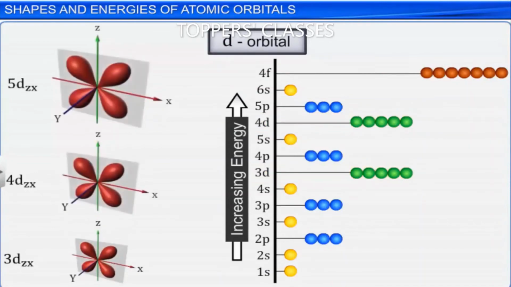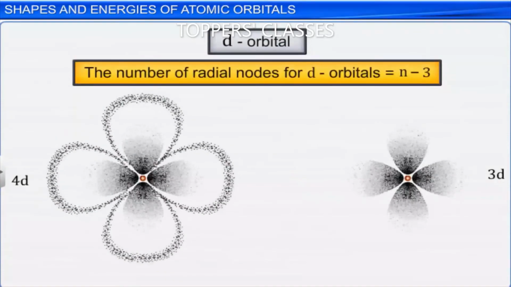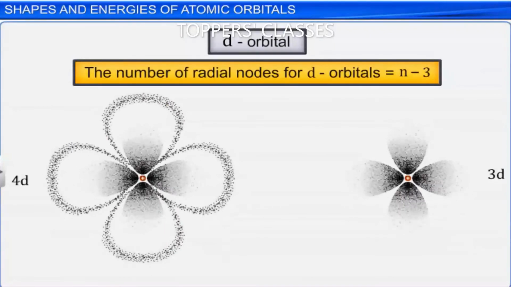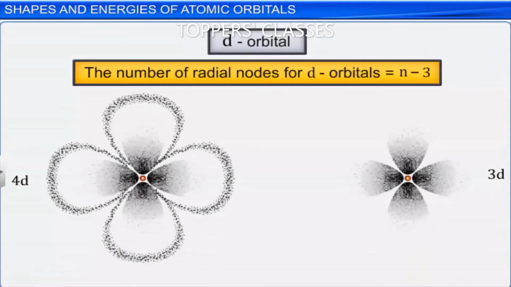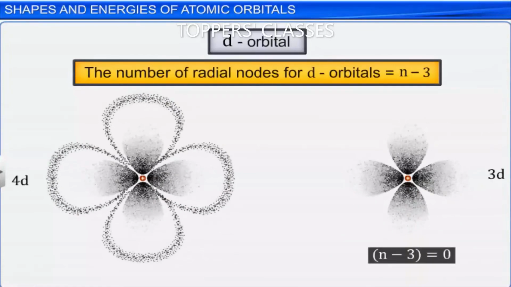The number of radial nodes for d orbitals is given by the expression n-3. Therefore, the number of radial nodes is 0 for 3d orbital, 1 for 4d orbital, and so on.